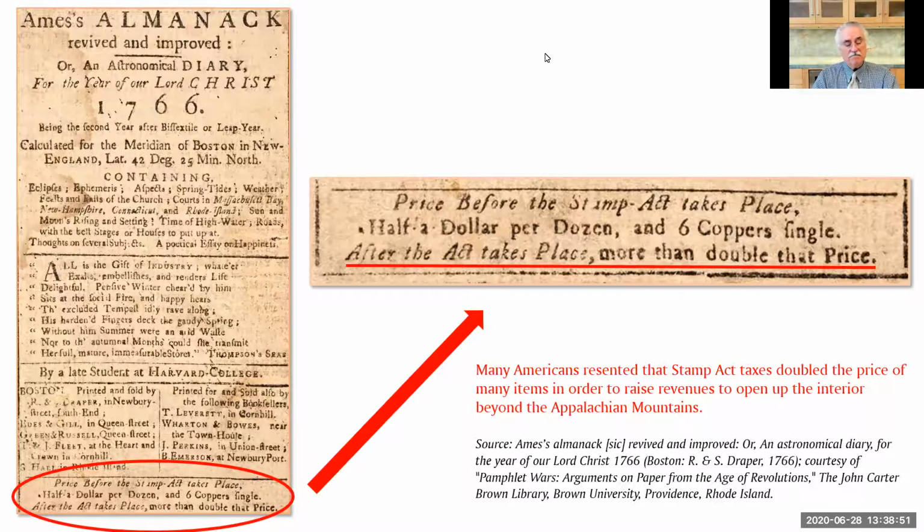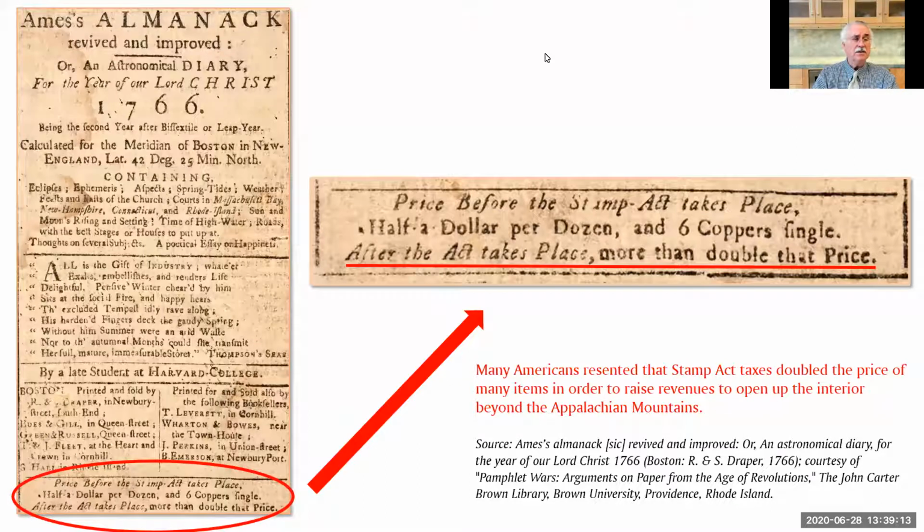The Stamp Act put heavy taxes on a number of items. Now you can see that in this advertisement, here is a copy of an almanac. An almanac is a book that talks about weather conditions, the average amount of rainfall.